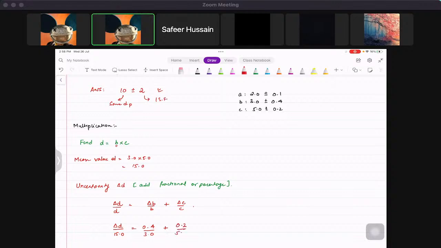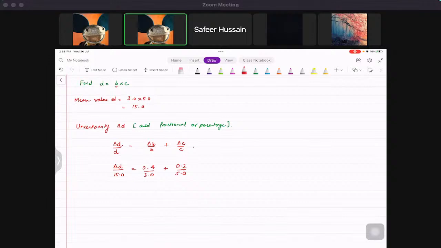Please check and let me know if you have any questions about what I've done. Okay, so delta D then will be equal to 0.4 over 3.0 plus 0.2 over 5.0, and this whole gets multiplied with D.